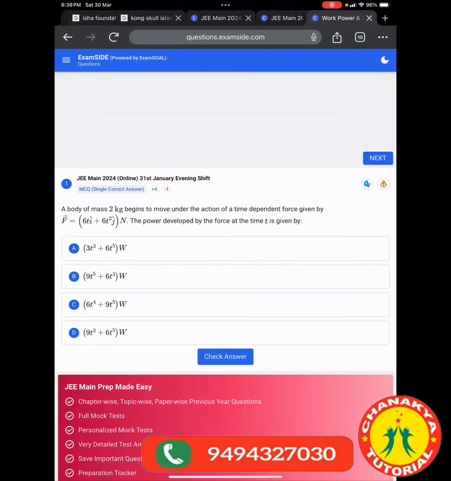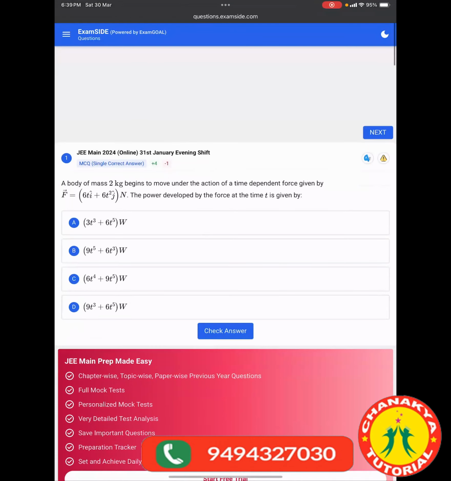I'll schedule based on that. In the morning I am busy, but I can take around 12. Is that fine? I will probably be in church, I have Easter service at that time. Okay, so you guys decide and tell me what will be the proper time.